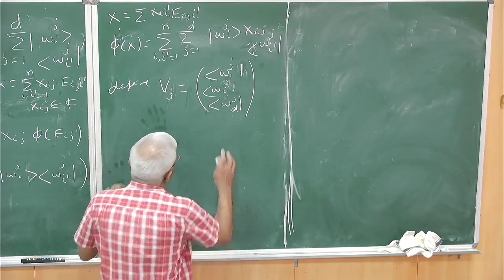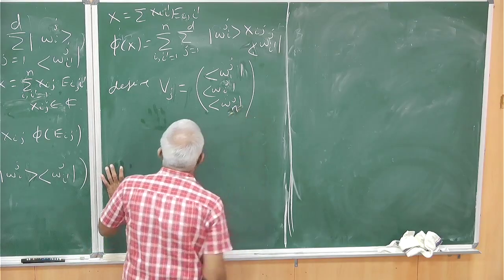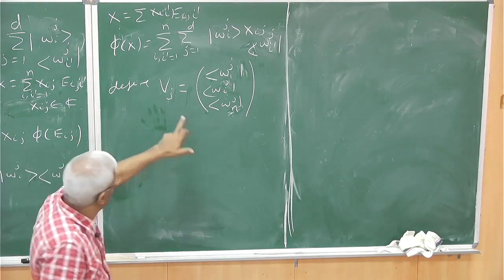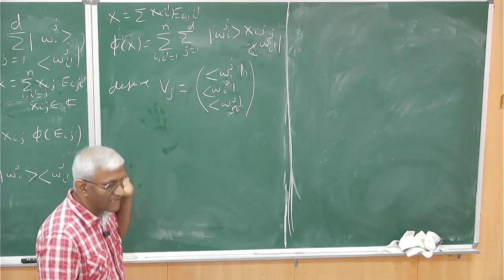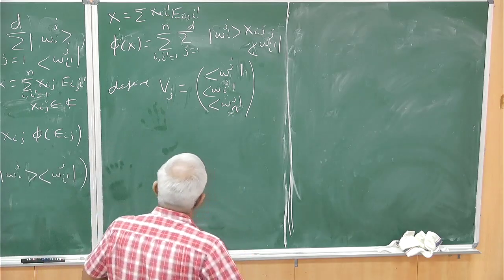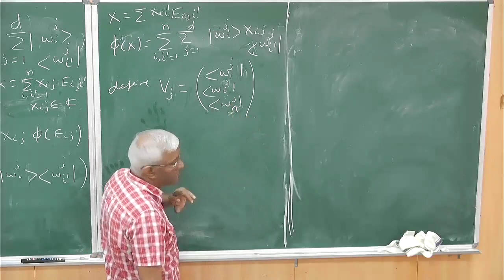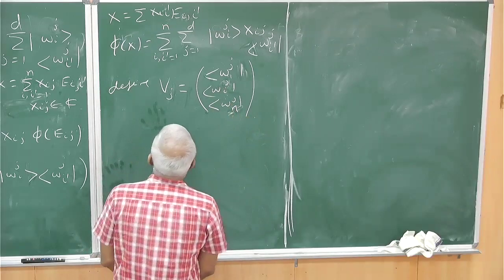There is no d. This is just n. I'm sorry. Omega 1 up to omega n only we have. There is no d. Sorry. This is n only. D is the number of Vj's, so that has nothing to do with d. D is the number of G's. I'm sorry about it. So this is just omega 1 up to omega n only. Vj is this.